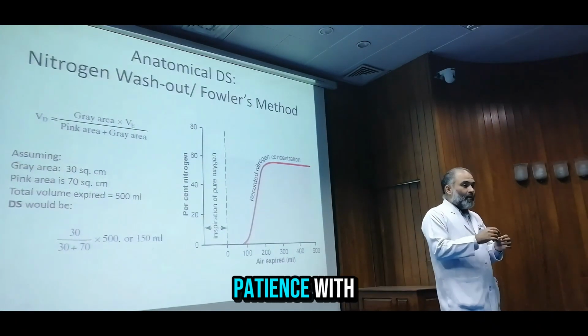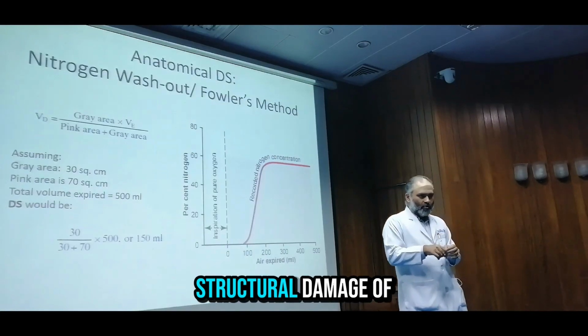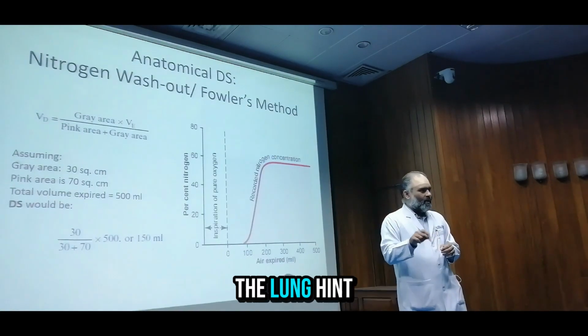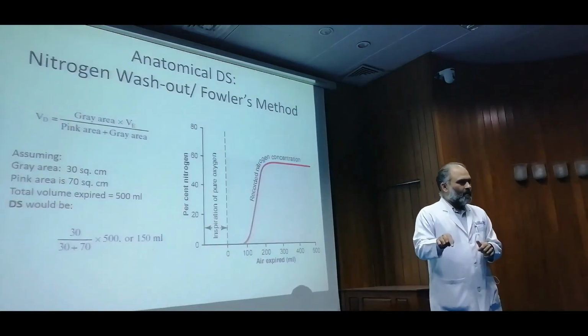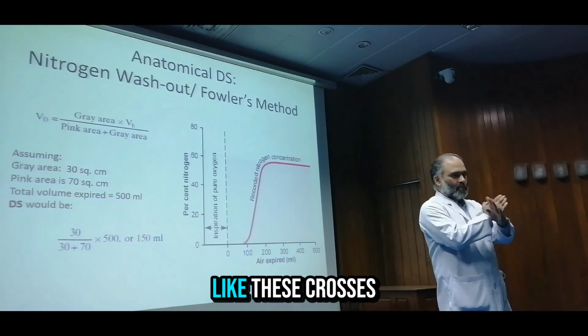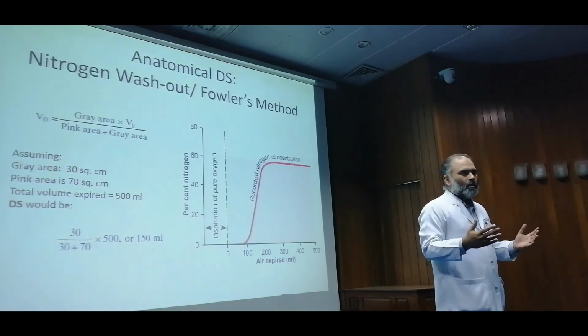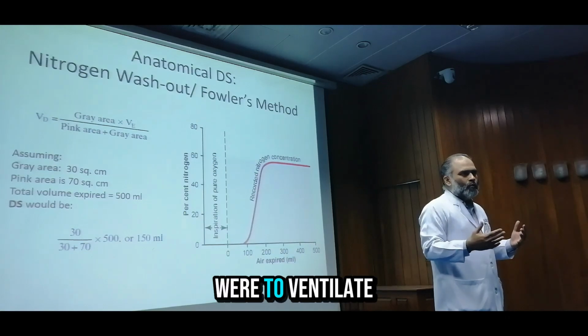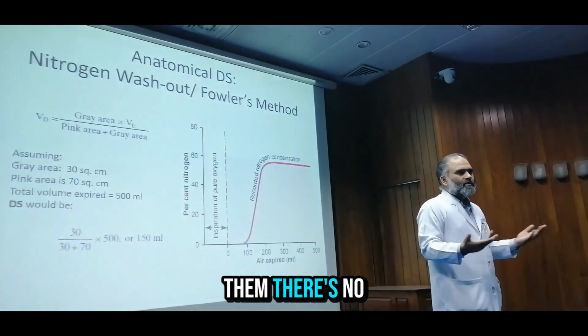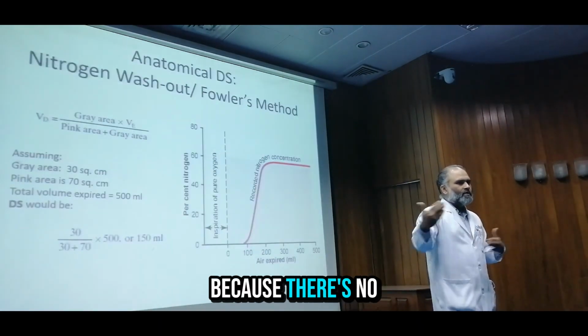However, in patients with structural damage of the lung, hint, hint, there are no-go areas, like these crosses, where even if you were to ventilate them, there is no point because there is no blood supply.